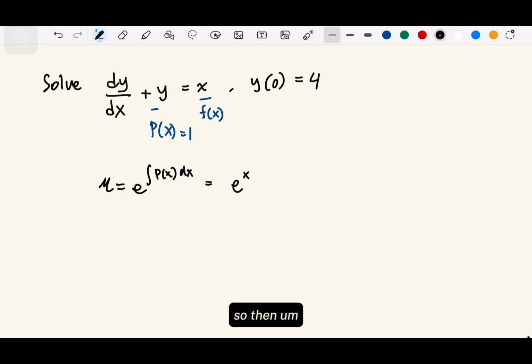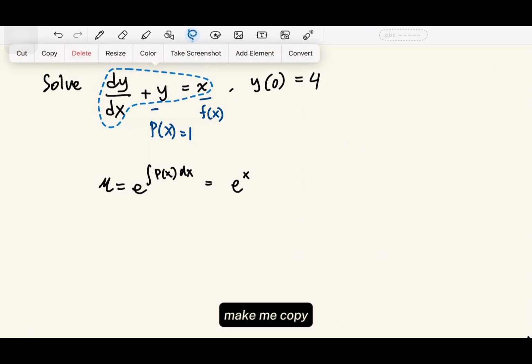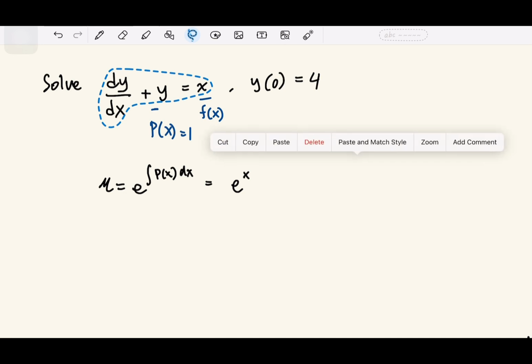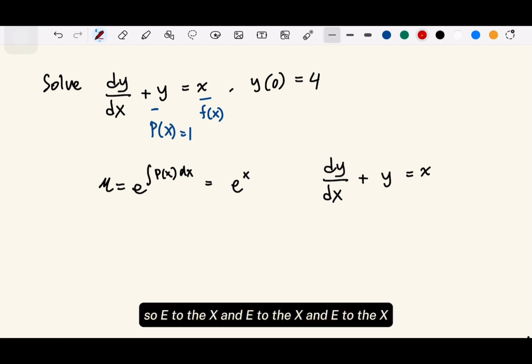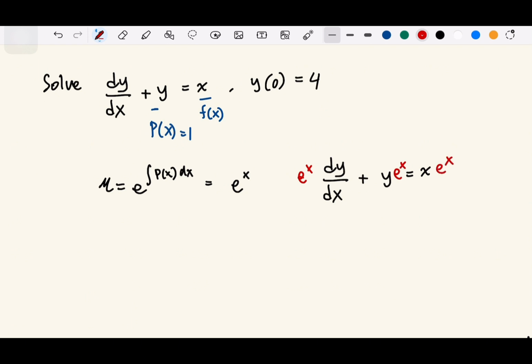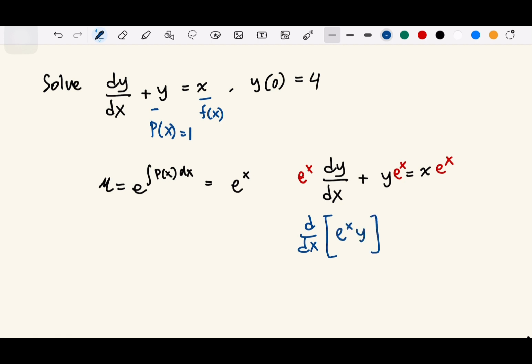So then let me copy. So e to the x, and then e to the x, and then e to the x. And then we see that, I think it's obvious that this is just e to the x times y, right? And take the integral.